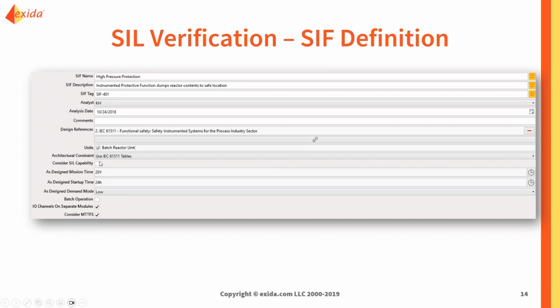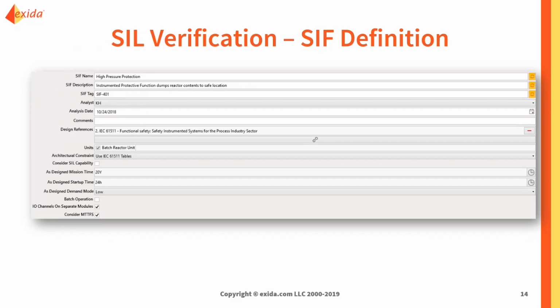So you're able to choose your architectural constraint basis. We have two choices, IEC 61511 and IEC 61508. You're able to decide if you want to consider SIL capability. And if you're choosing a certified device, this is very easy. If you're not, you would have to document a proven in use justification.